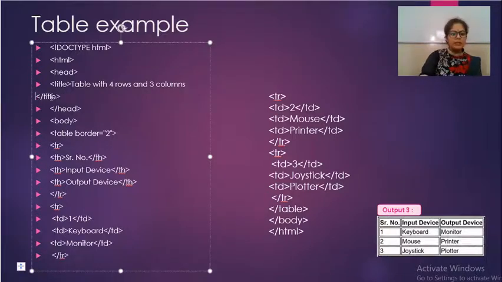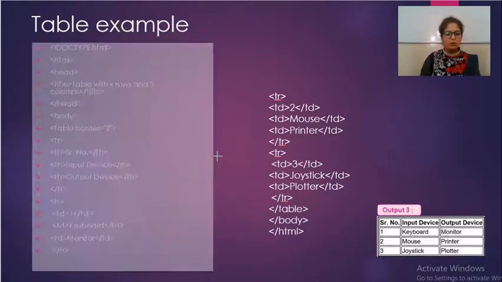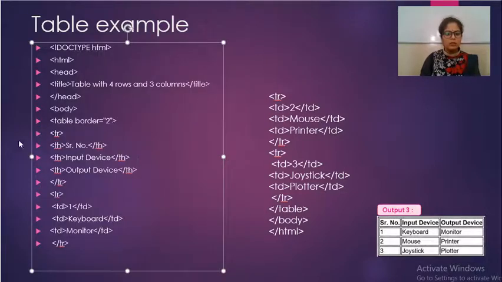And we can also write the title in the same line. Next tag is the end of the head tag. Here we have opened the head tag, and this is the end of the head tag.